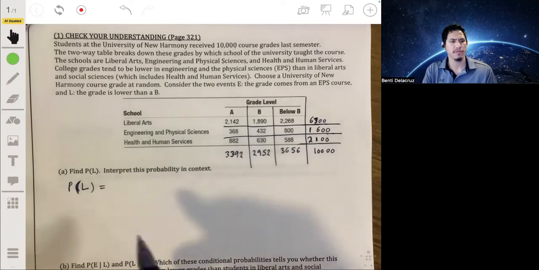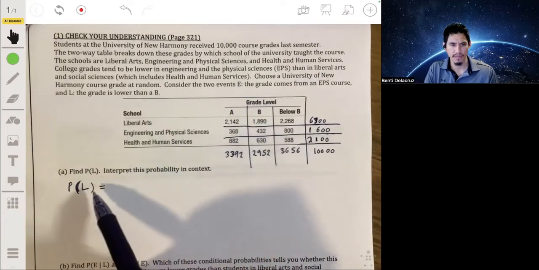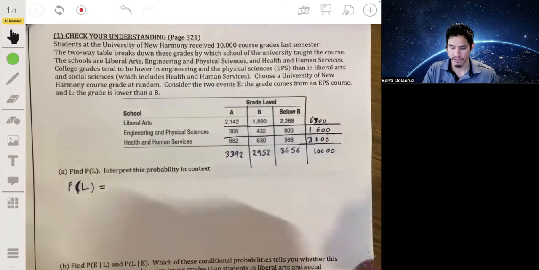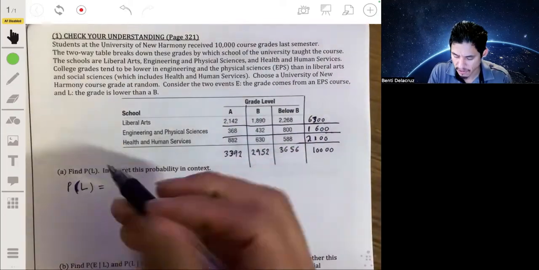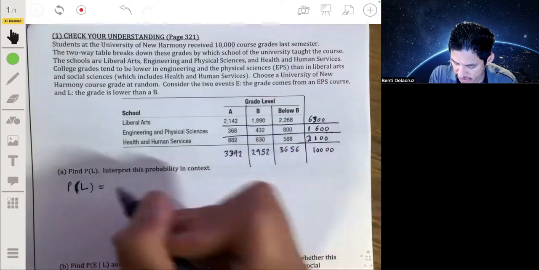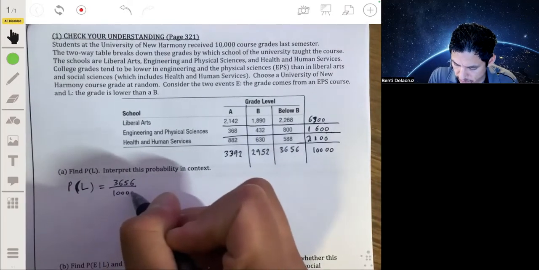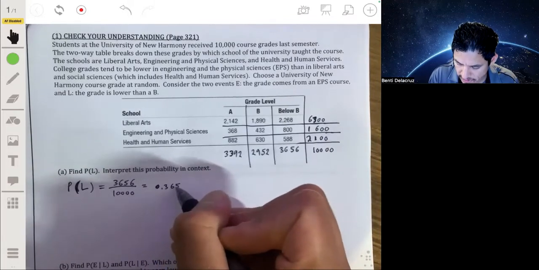Okay, so the probability of L is essentially the probability of picking a grade that's lower than a B. That's what L is, the grade is lower than a B. The grades that are lower than a B are right here, so we just look at the total. That's just going to be your 3,656 out of 10,000, so 0.3656.